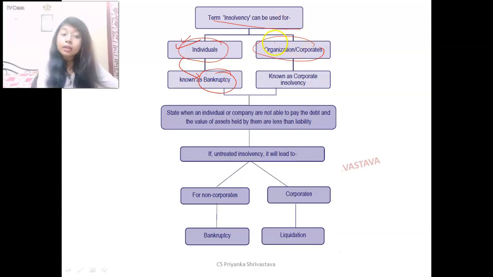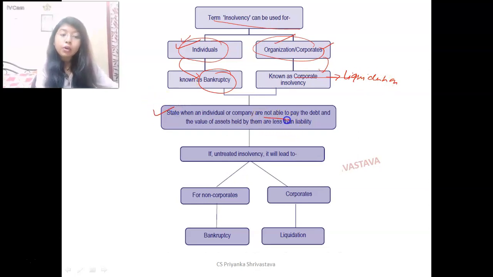And when an organization is in a similar position where it is unable to repay its debt and its liabilities are more than its assets and there is no compromise that can be done on the same, then such insolvency for a corporate will be known as corporate insolvency and it will turn into liquidation.